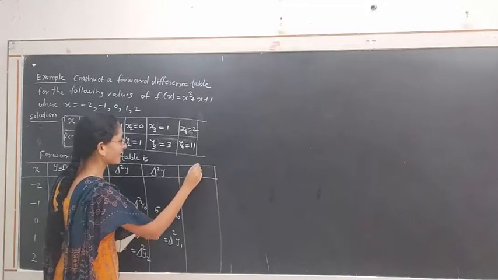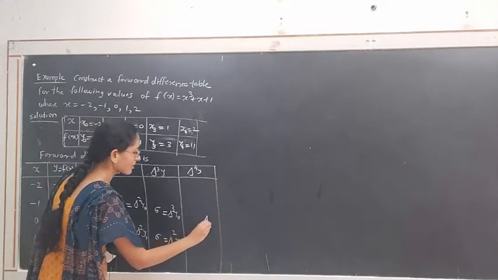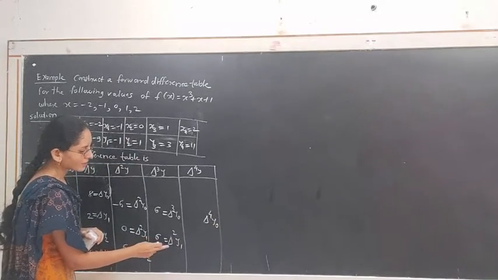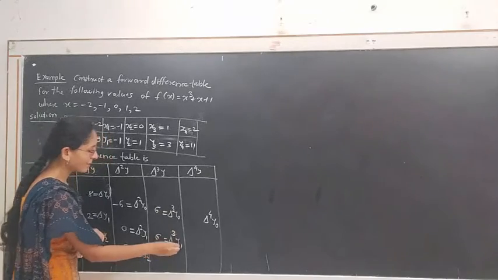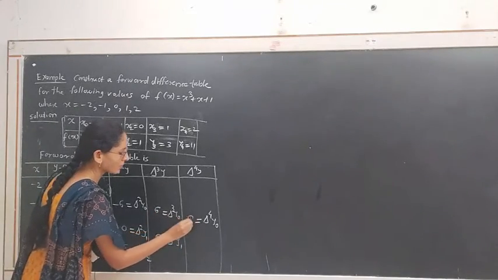And lastly we get the fourth order forward difference. This is del raised to 4 y0, which is del cube y1 minus del cube y0. 6 minus 6 is 0.